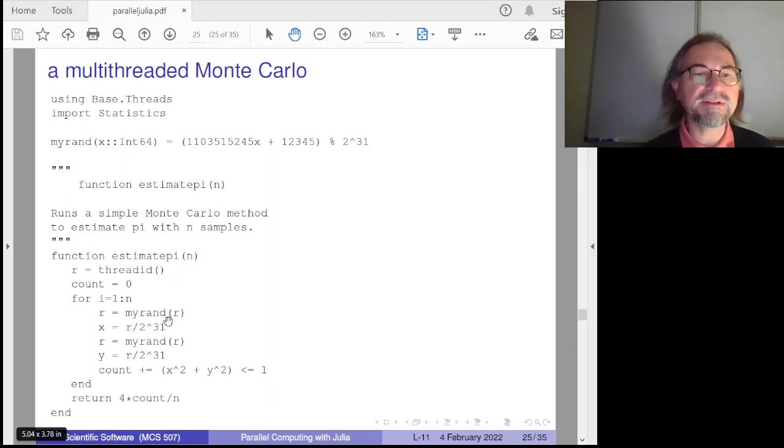So here you see this happening. The random number generator starts from some random seed, and as a seed, I take the thread identification number. So this is a function that will run using the threads, but the code here is now actually changed.